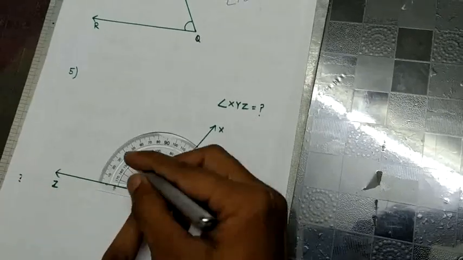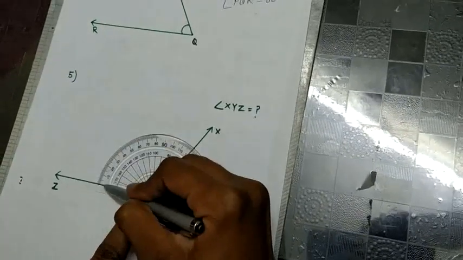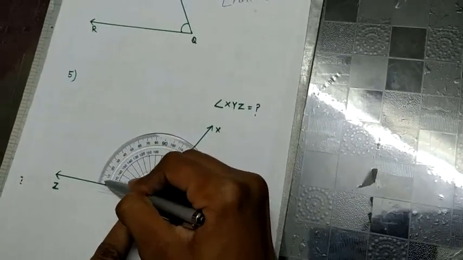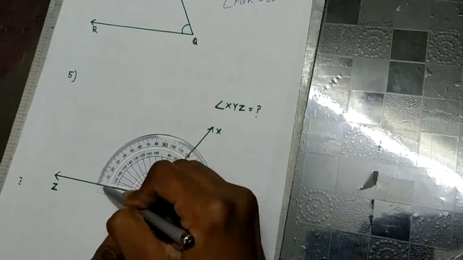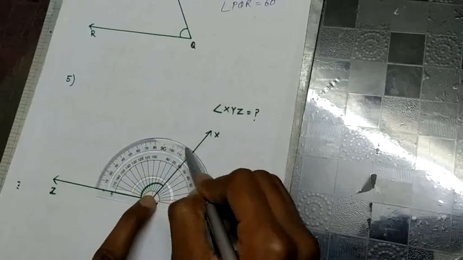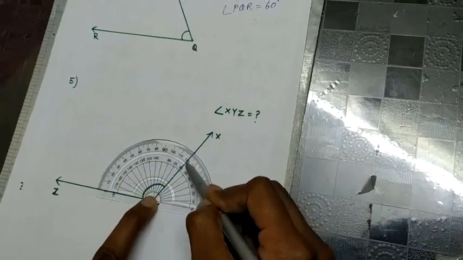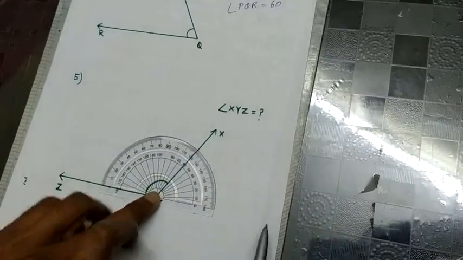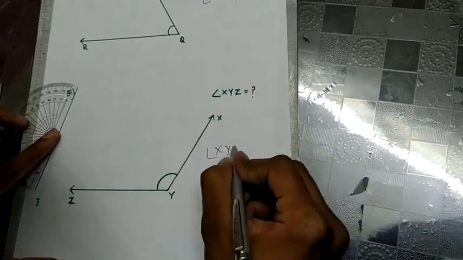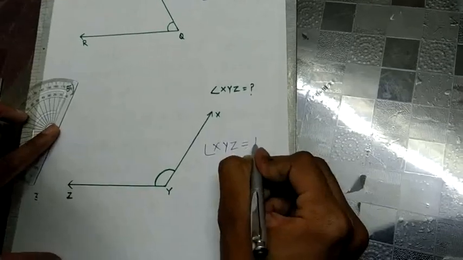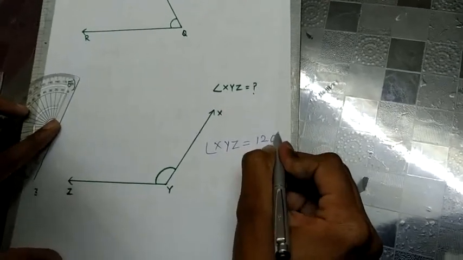The ray is going to left side, so we will start from this 0, not 180. 0, 10, 20 and so on. The ray is going through 120 now. So the angle XYZ is 120 degree.